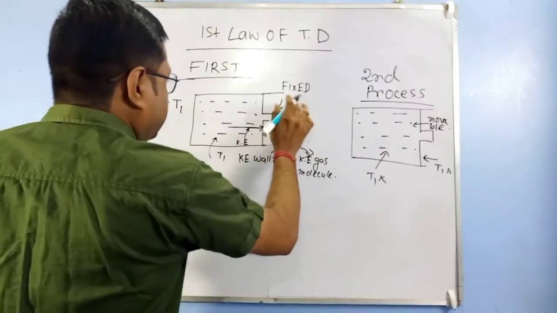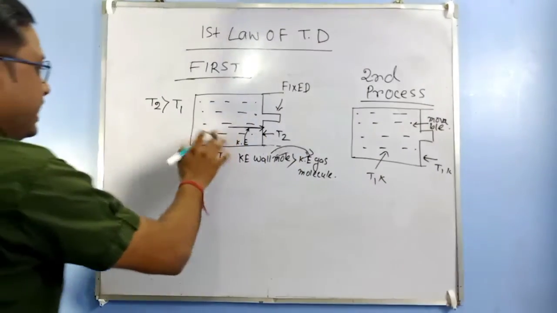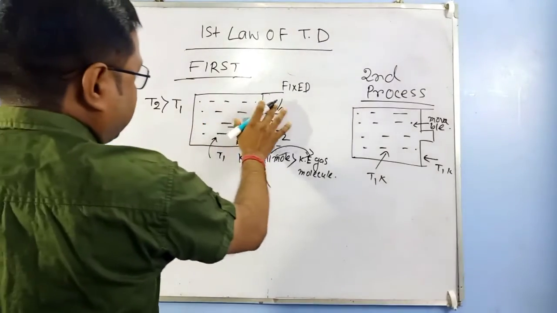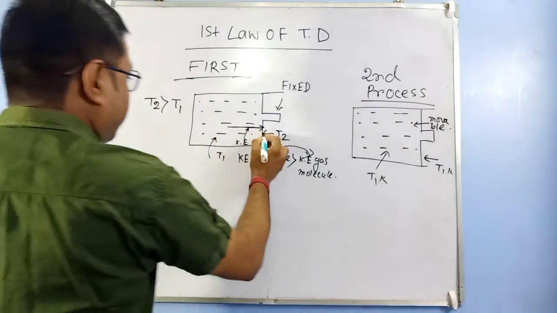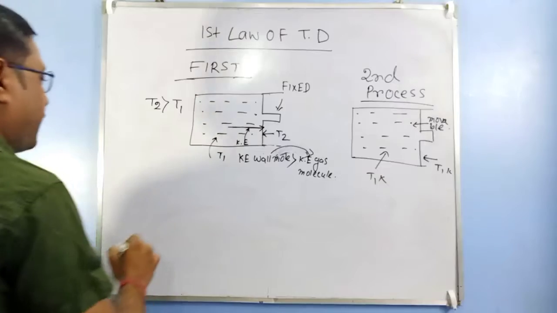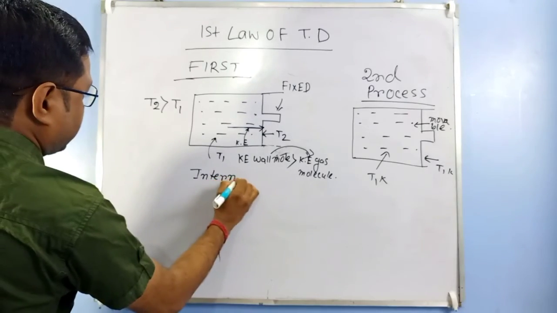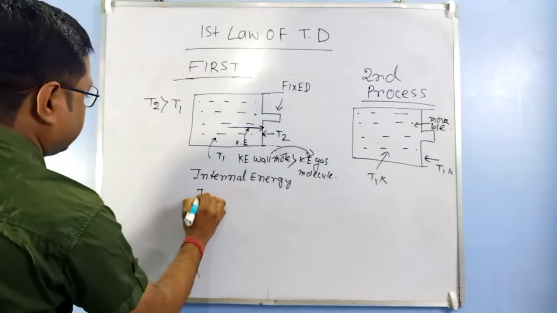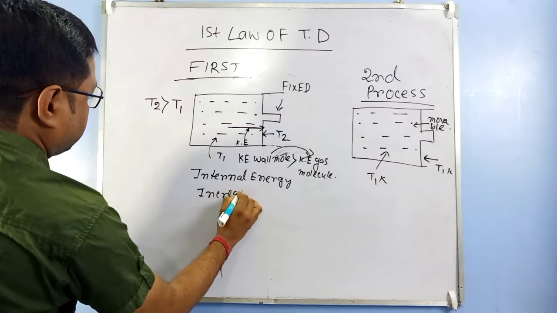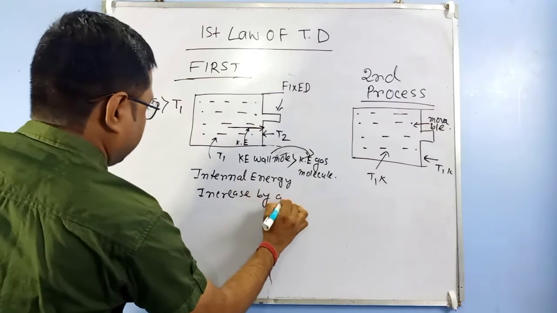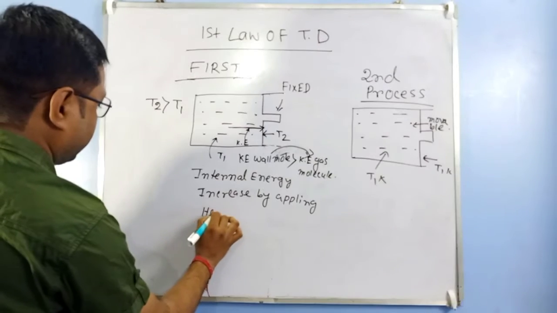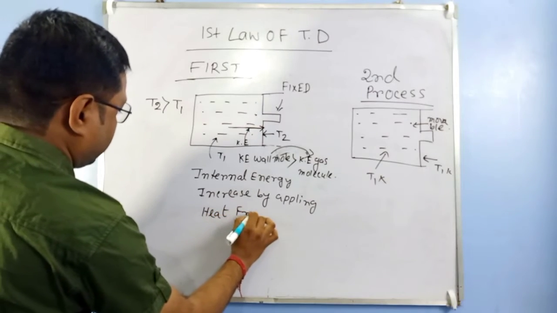Here the piston is fixed, and due to the variation of temperature between the gas molecules and the wall of the container, the internal energy increases by applying heat from outside.